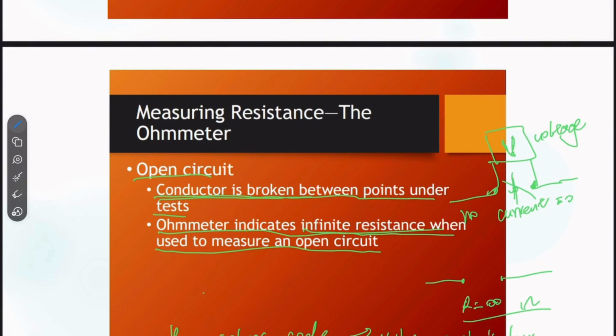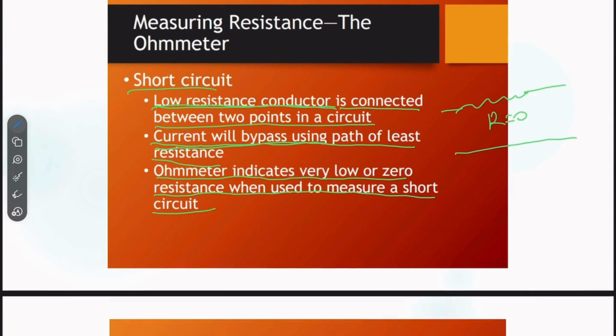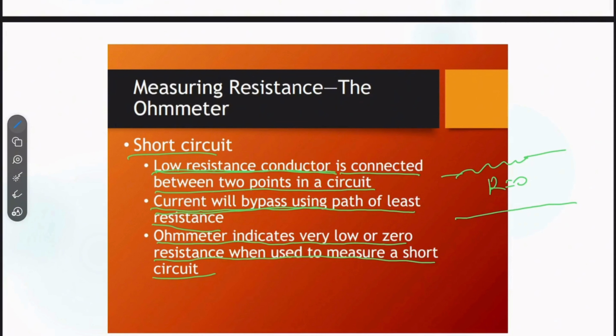We also need to know how we can calculate the resistance of a material: R equals rho times L over A, where rho depends on the material. So that's something basic about the resistance. Thank you for watching.